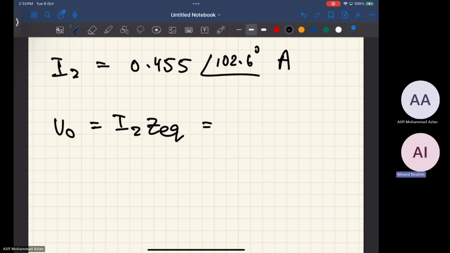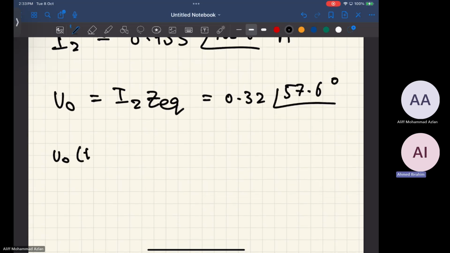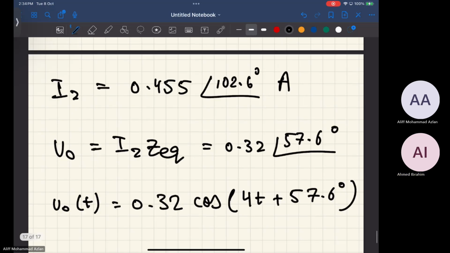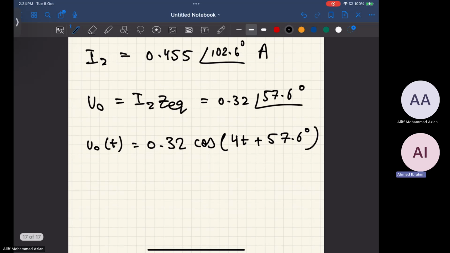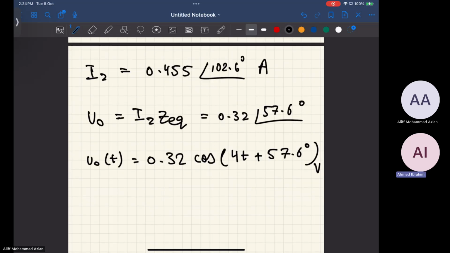And we do that calculation, we get 0.32 with angle 57.6 degrees, which in the time domain is 0.32 cos(4t plus 57.6 degrees). Here we're using cos because the source was given as cos. Right, any questions about that?